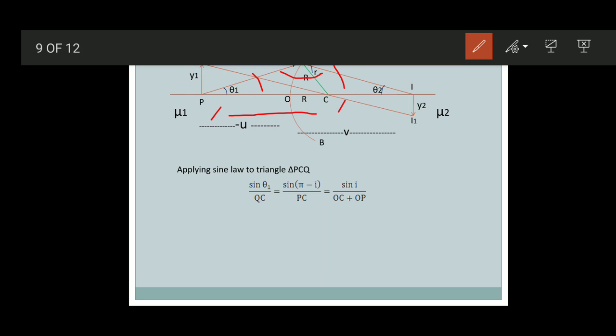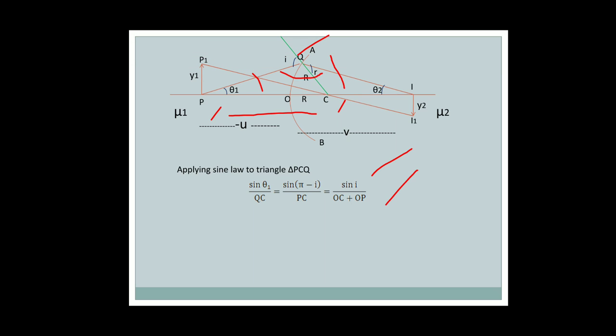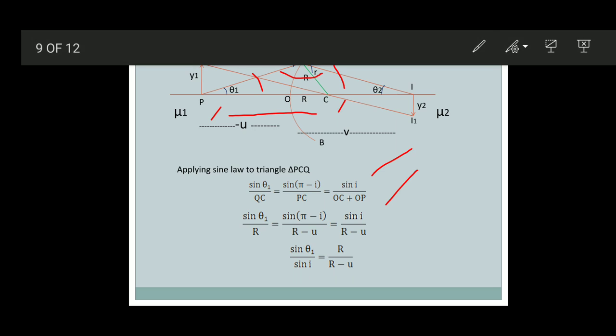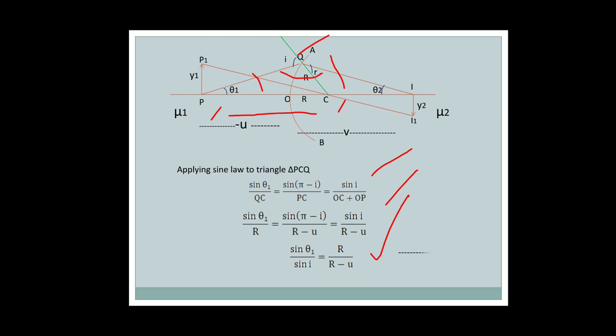We know sin (pi minus i) is equal to sin i, and PC is equal to OC plus OP. So sin theta 1 by sin i is equal to R by (R minus u), because OC is equal to R and OP is equal to minus u. That is from the triangle PCQ.